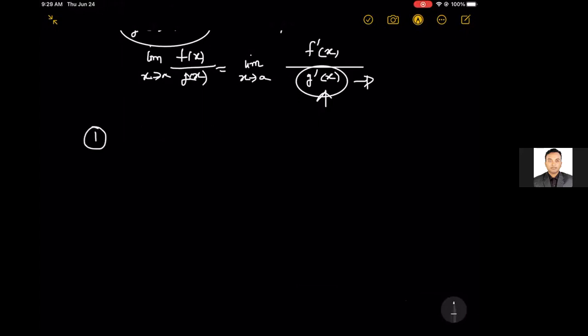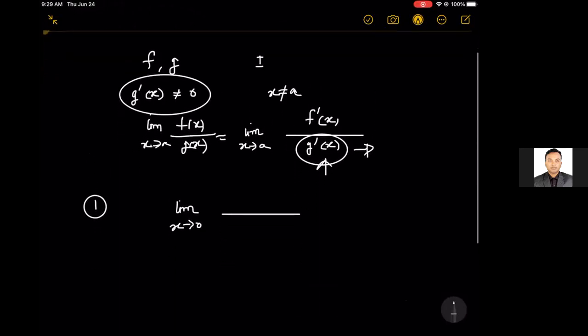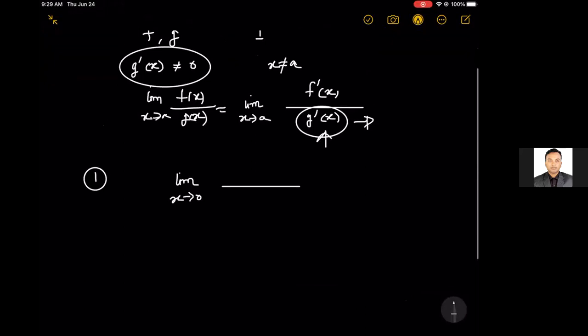So let's try one example. Let's say x tends to 0, okay? I think the non-zero term is not really needed here. Yeah, we can just say when x is not equal to a. So a could be any value.